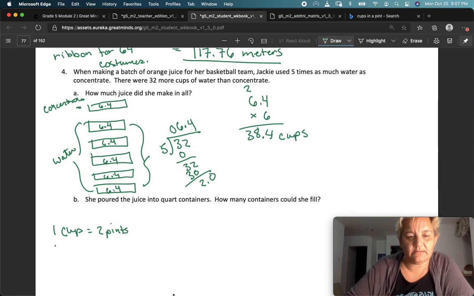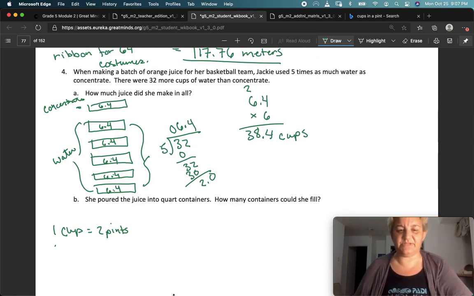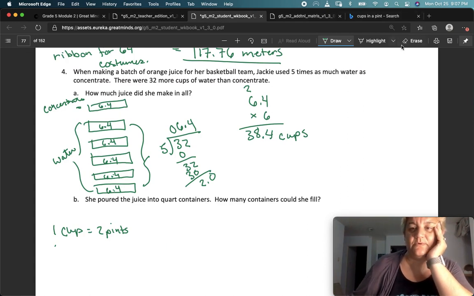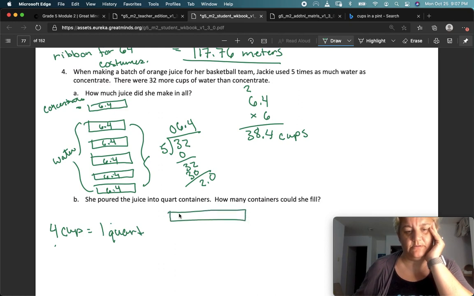Okay. So she poured the juice into quarts, how many containers could she fill? So 4 cups equals 1 quart. Okay, so 1 quart is 4 cups.